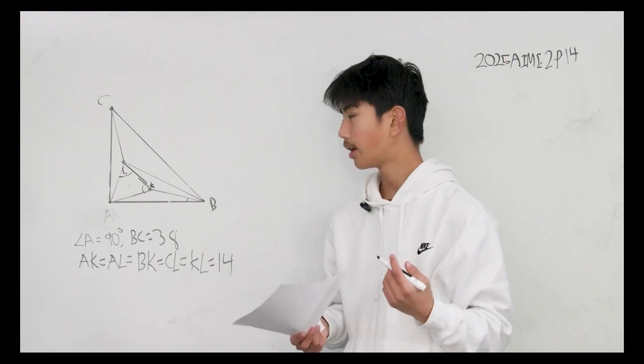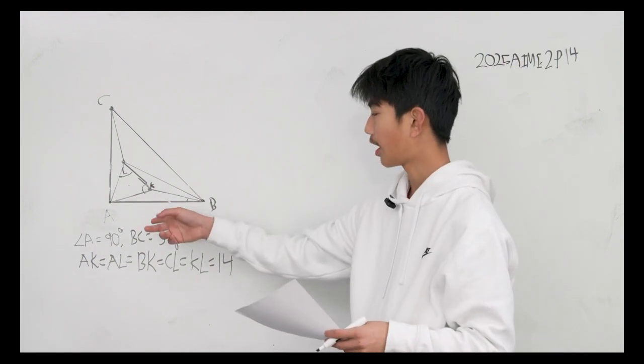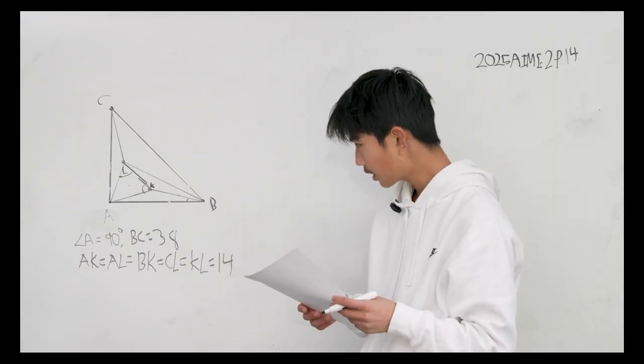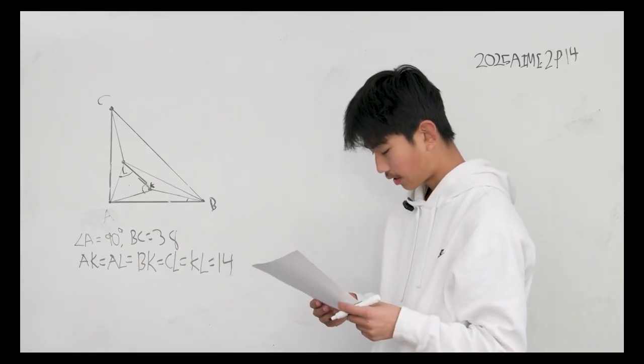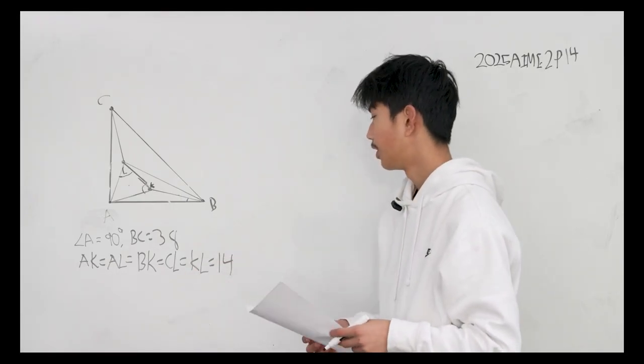We know that angle A has to be 90 degrees, and we let points L and K be equal distances. They have to satisfy basically all of these.